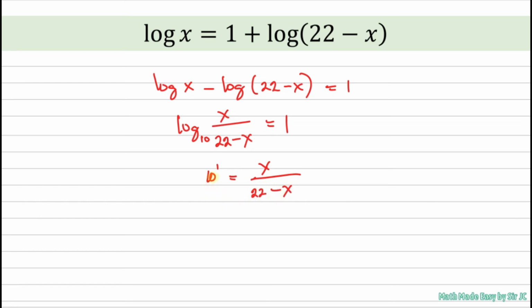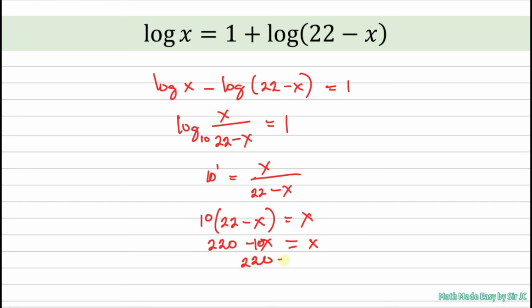Then 10 raised to 1 is 10, so we can now solve this equation by cross multiplying: 10 times 22 minus x equals x. Then distribute, we have 10 times 22 is 220, then 10 times negative x is negative 10x, equals x. Then combine similar terms.